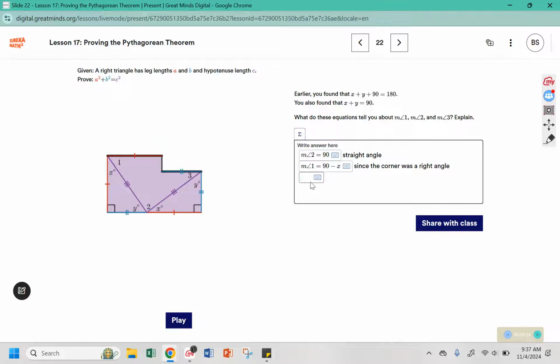Okay, and then for the measure of angle 3, that is going to be 90 minus y for the same type of reasoning.